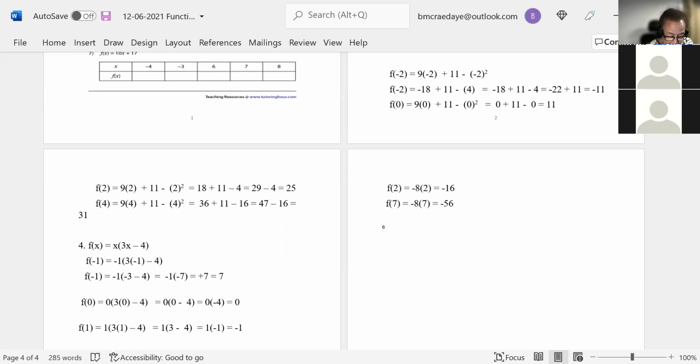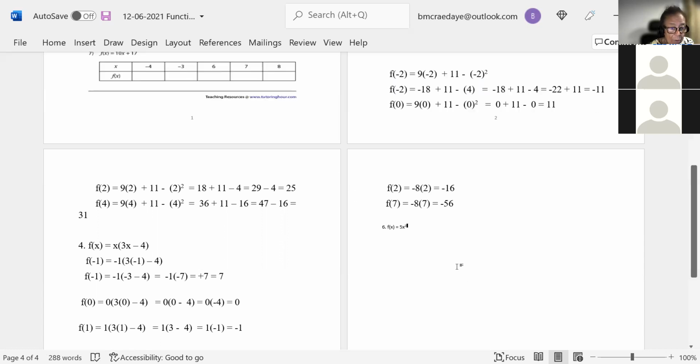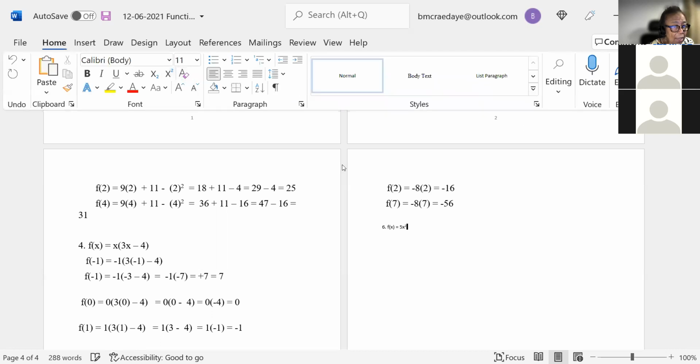So number 6, we have f of x equal, and that's 5x squared. Let me make it bigger, I know it's very small. So that would be 5x squared minus 6.